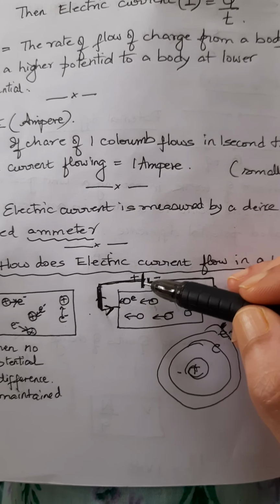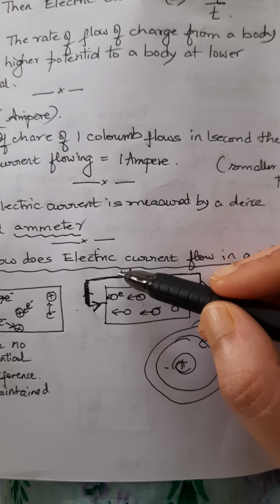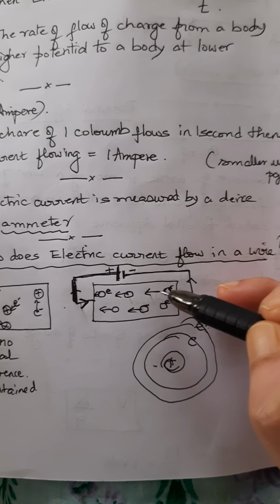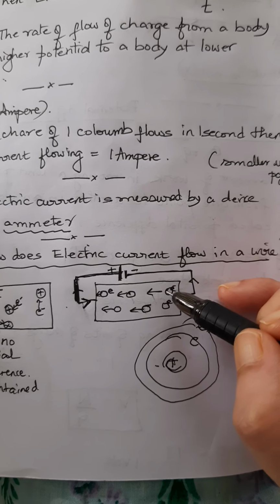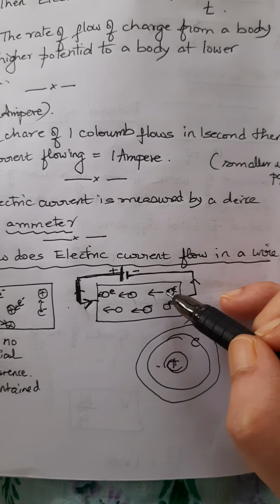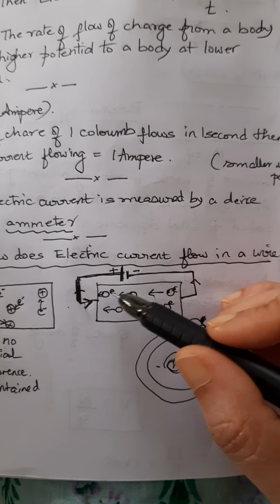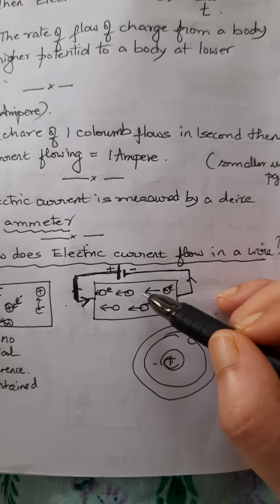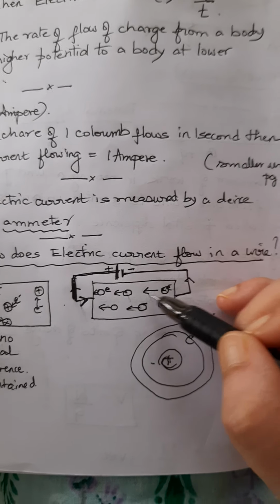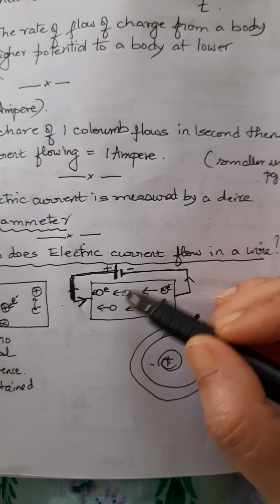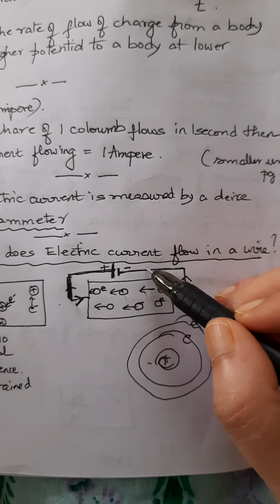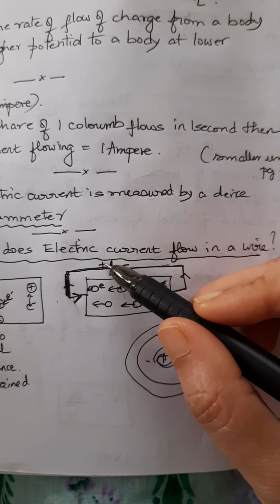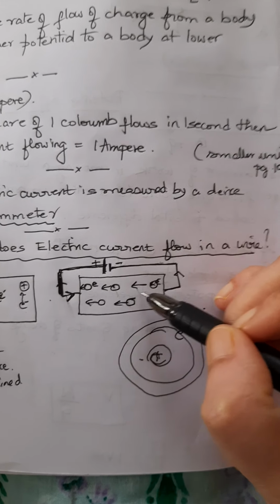However, when we allow electric current to pass by means of a battery, we maintain a potential difference. The charges will flow from the positive side to the negative side. These electrons will start aligning themselves, that is, they will start drifting in one particular direction. Actually, the electrons are moving from the negative end to the positive end, though we say the conventional current is from positive to negative.